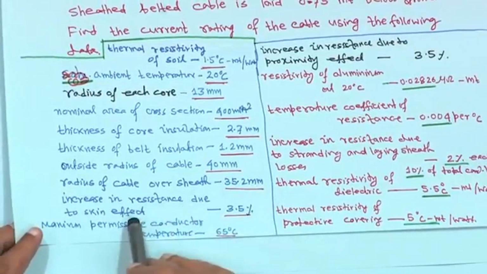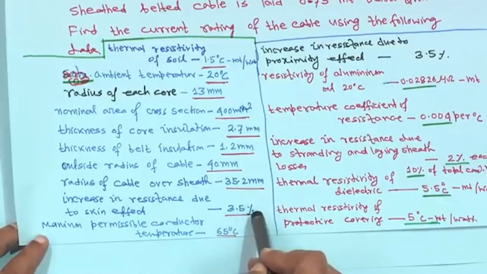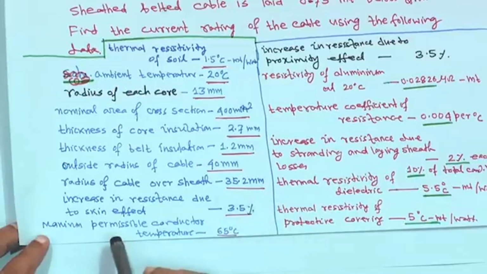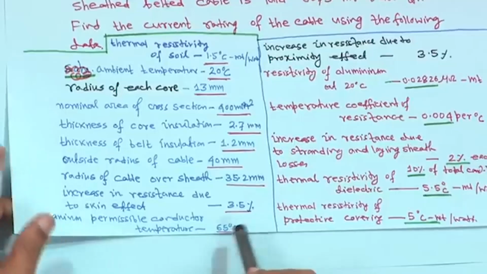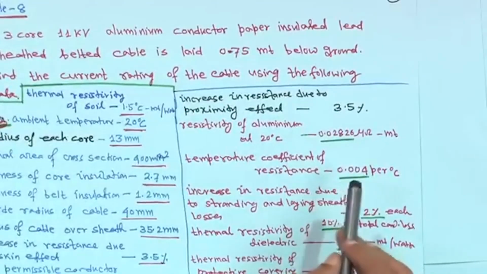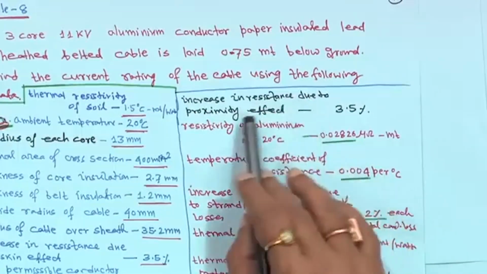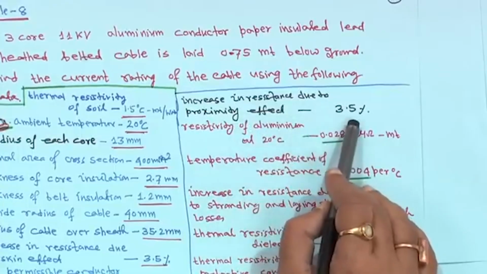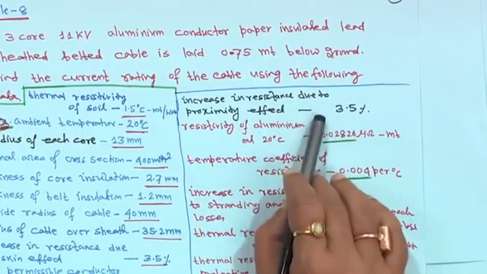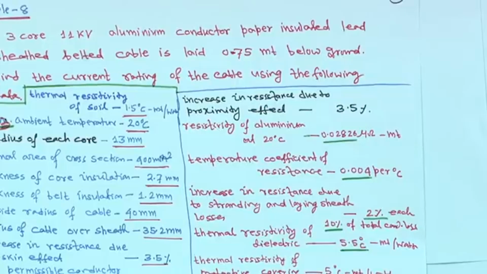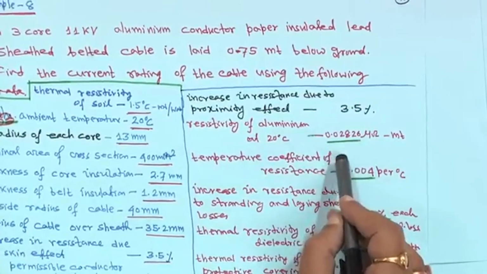Increase in resistance due to skin effect is 3.5%. You have to consider this. Maximum permissible conductor temperature is 65 degrees Celsius. More data are here. Increase in resistance due to proximity effect, 3.5% is taken. The skin effect, proximity effect, all sorts of things you have studied, right.